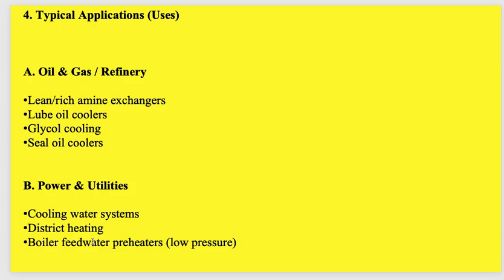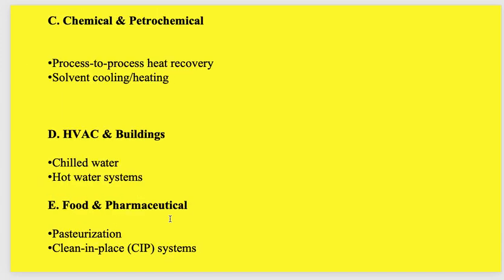Typical applications: the plate and frame heat exchanger is required in some industries. It is used in oil and gas, like the lean/rich amine exchanger, which is famous to find in the TGT, for example. Lube oil cooler, glycol cooling in gas dehydration, and seal oil cooler. You can find plate and frame heat exchangers also in utility stations and power stations, related to the cooling water system or the boiler feed water system heat exchange.